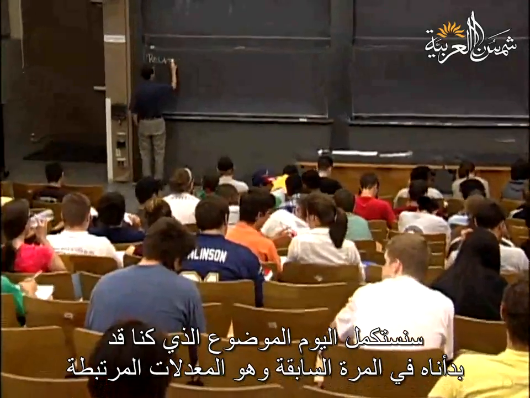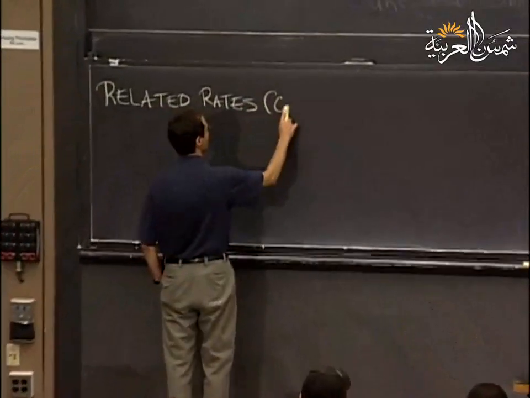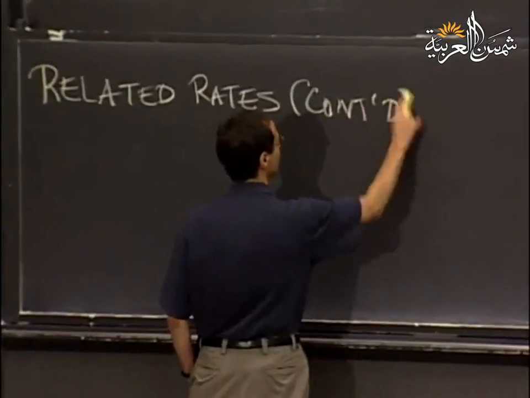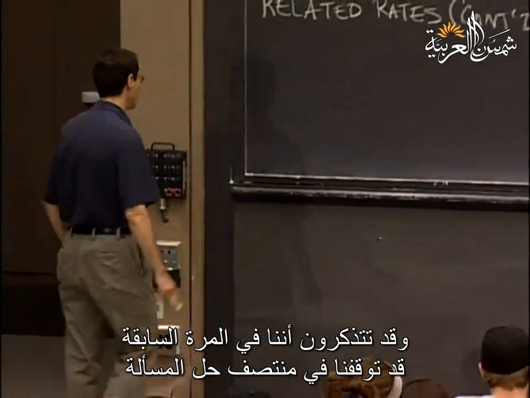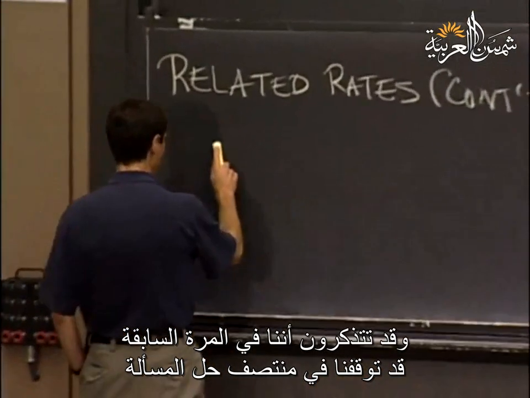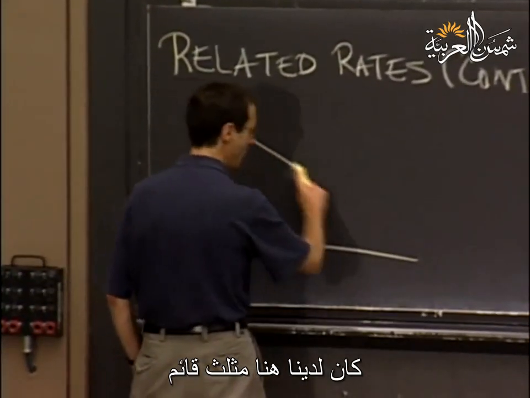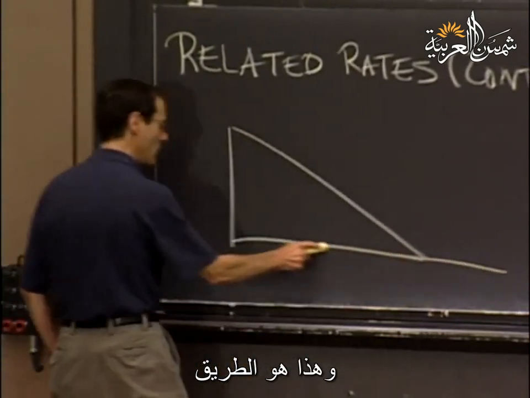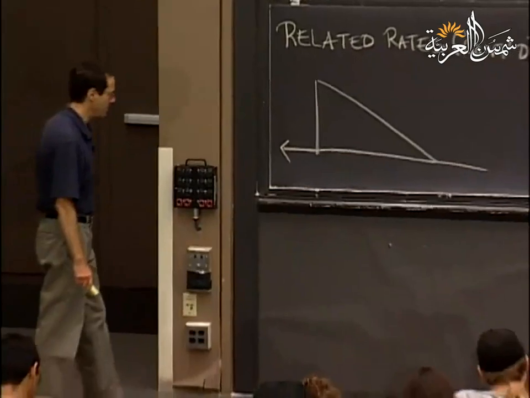Today, we're going to keep on going with related rates. You may recall that last time we were in the middle of a problem with this geometry. There was a right triangle, and there was a road, which is going this way from right to left.